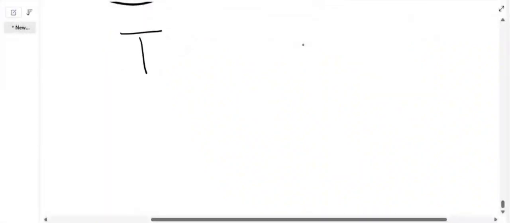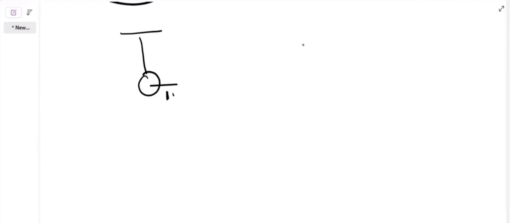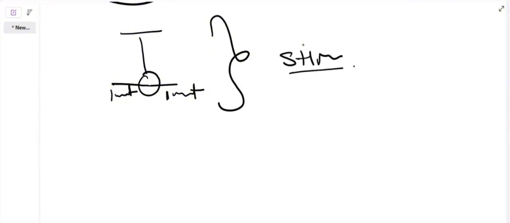Yes, ma'am. Let's put one more constraint, that it should cover only one unit distance on this side and one unit distance on this side. Now it will be known as your SHM. Any doubts? No, ma'am.